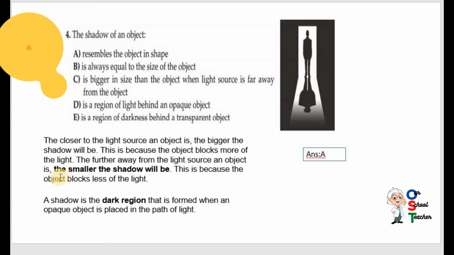This is because the object blocks less of the light. So B and C, and E as well, all are incorrect. Just read D again. Is a region of light behind an opaque object? No. A shadow is the dark region that is formed when an opaque object is placed in the path of light. Not a light region, it is a dark region. So answer A is correct.